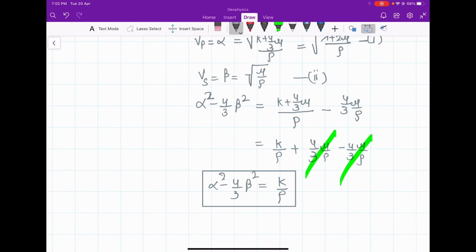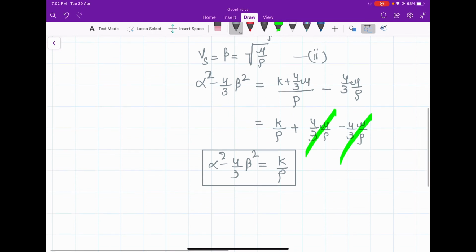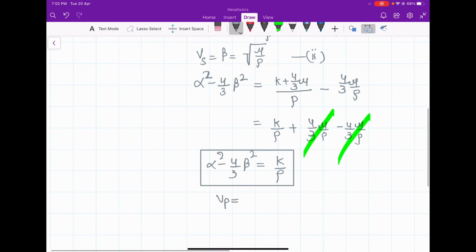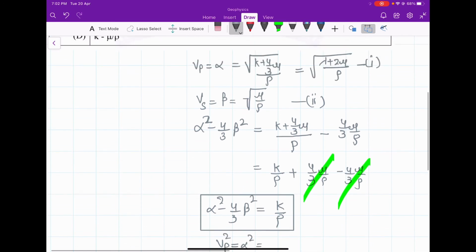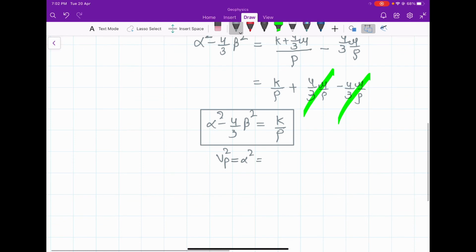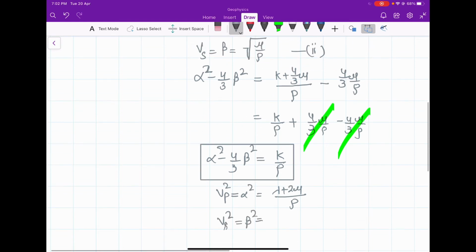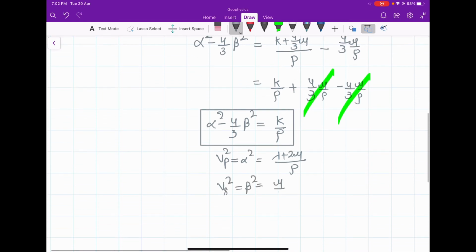One more problem is there. Vp square is alpha square, which is lambda plus 2 mu by rho, and Vs square, that is beta square, is equal to mu by rho.